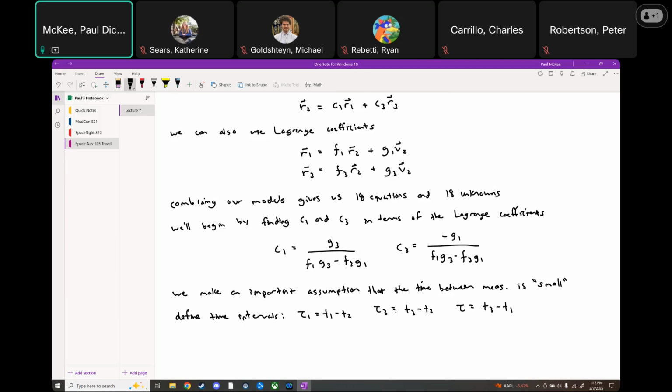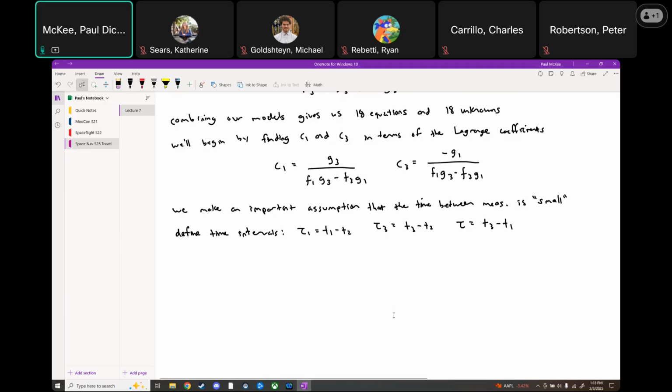All right, now I'm going to skip the derivation and just give you this. The Lagrange coefficients are, to first order, so you can compute Lagrange coefficients as functions of time and then just drop the higher order terms. We get that F1 is approximately equal to 1 minus 1/2 mu over R2 cubed, so this is the scalar R2, tau 1 squared.